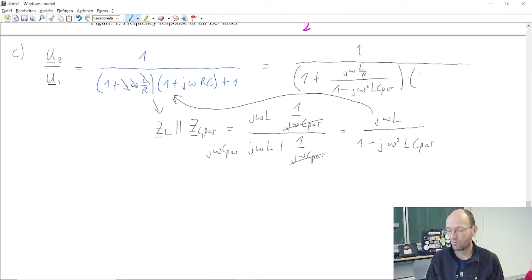And then I can just copy what we had before: 1 plus j omega RC plus 1 at the end. Okay. Yes, is j squared equal to minus 1 here? Why do we write j? Very good point. So the j is of course wrong. There's no j anymore. The j squared turned into the minus 1.